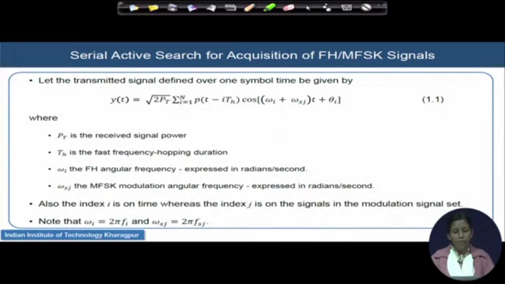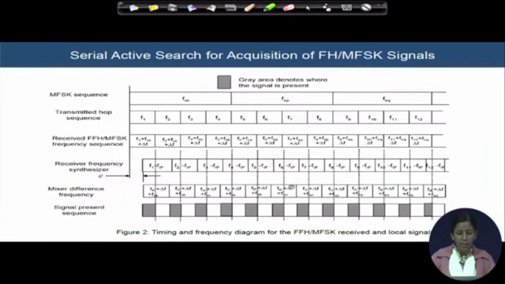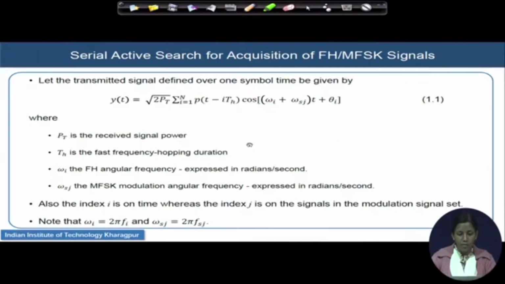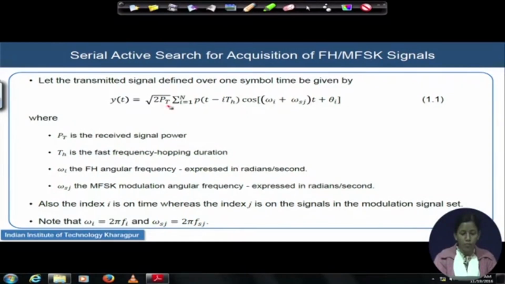We will start with the signal, the transmitted signal defined by y(t) over 1 symbol duration. So, we are currently writing the equation for y(t), and y(t) is given by square root of 2 P_T over N summed over i to capital N and cos of (omega_i plus omega_sj) t plus theta_i.